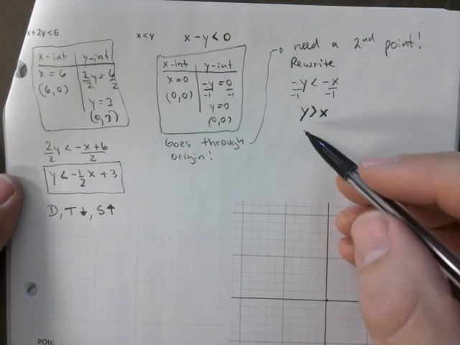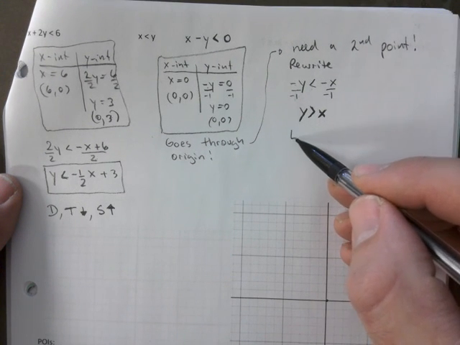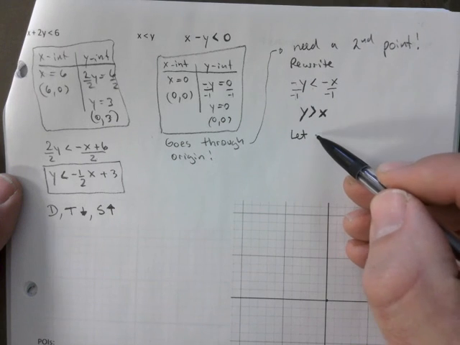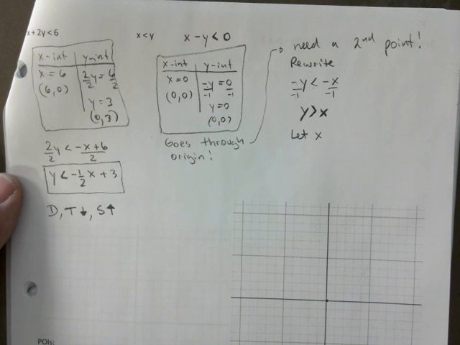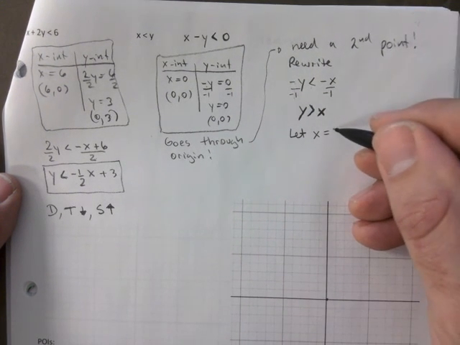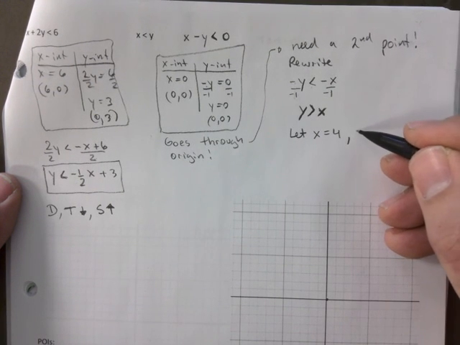So what you do here is you let x be something. Let x be equal to, what would you like it to be? I'm just randomly thinking 4. You want 5? 5, 6, 7? It doesn't matter. But when x is equal to 4, what do we know y is going to be equal to?